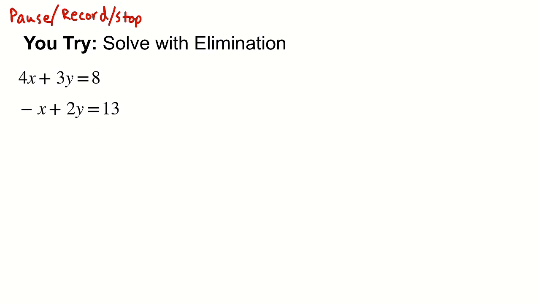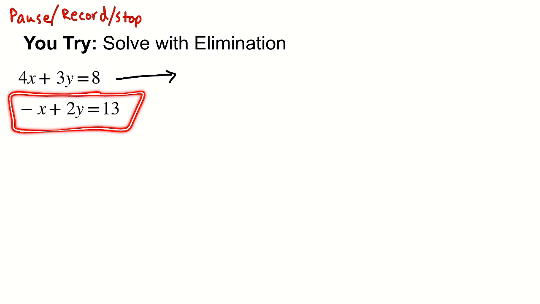Is that what you were thinking, Naomi? Well, what did you multiply by? So you multiplied the bottom one by 3? Did you multiply the top one by something too? Then you should have gotten 6y.